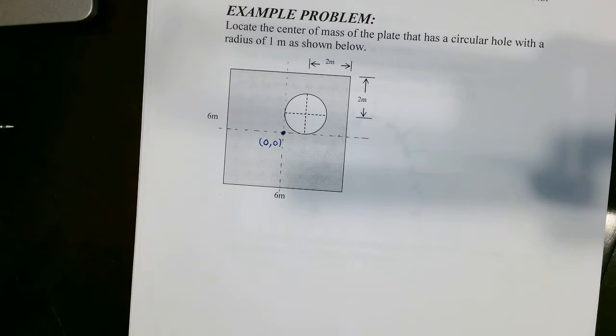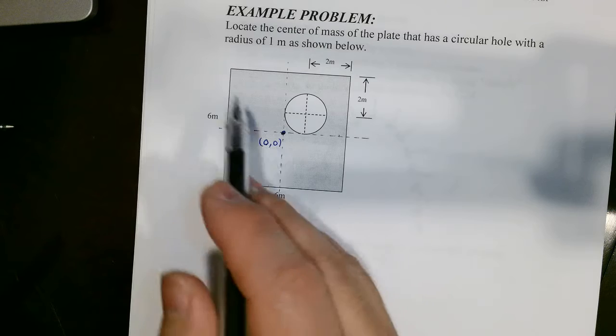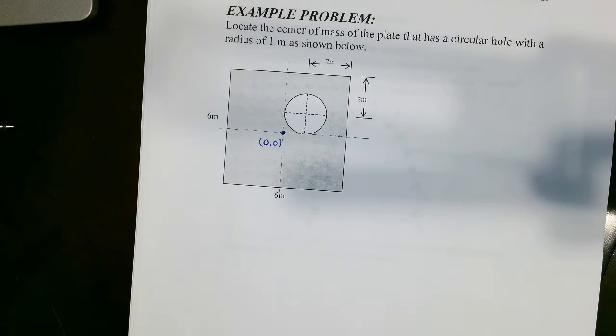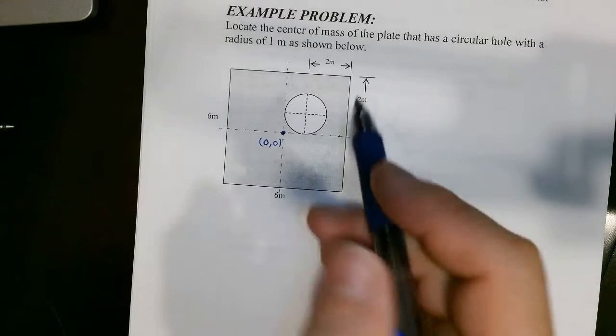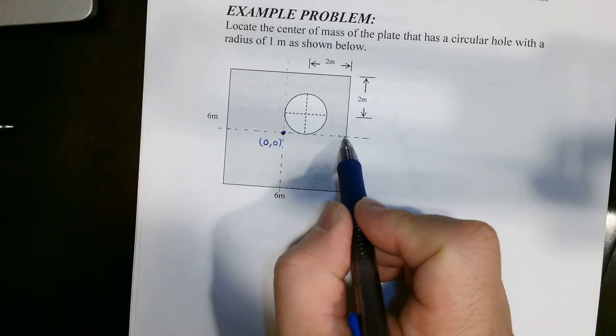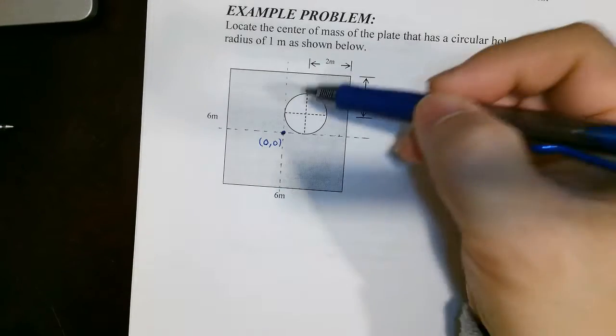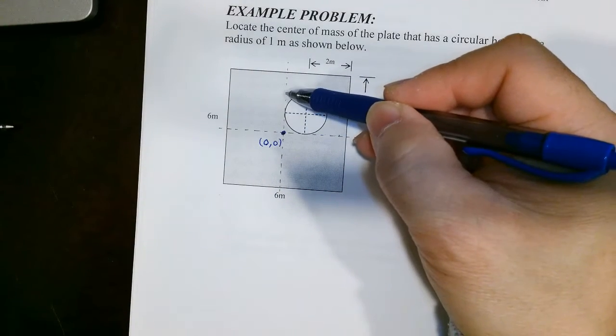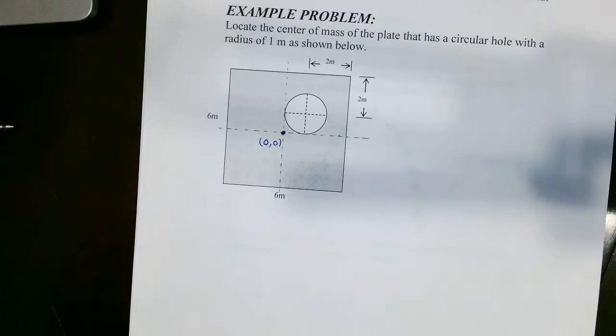Then this is the center of mass of my solid square plate. Of course, this would be 1 meter, 2 meters, 3 meters in the positive x direction. This would be 1 meter, 2 meters, 3 meters in the positive y direction.